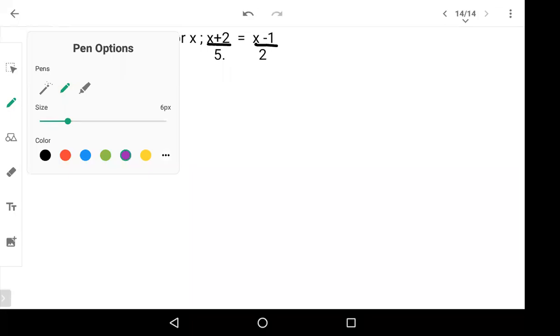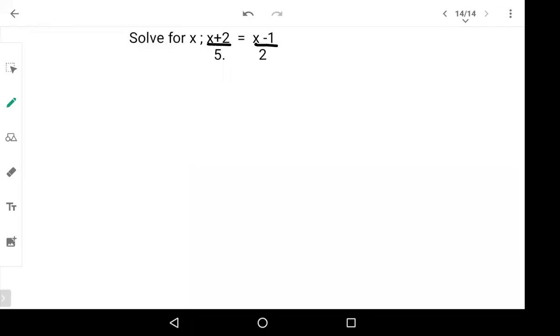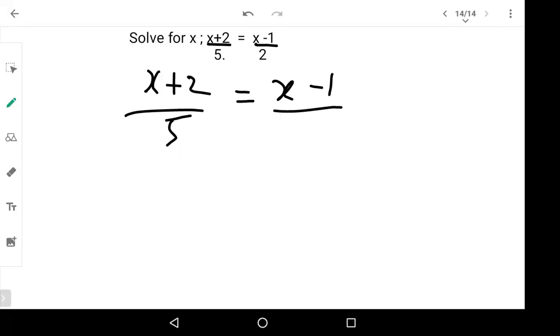So let us solve this question, a very simple and easy question. Now here, if you see, they have given us x plus 2 by 5 is equal to x minus 1 by 2. Now when we have such problems, very good Padmapriya, cross multiplication has to be done. So x plus 2 by 5 is equal to x minus 1 by 2. Spurti gave me the answer also. Very good, Spurti.